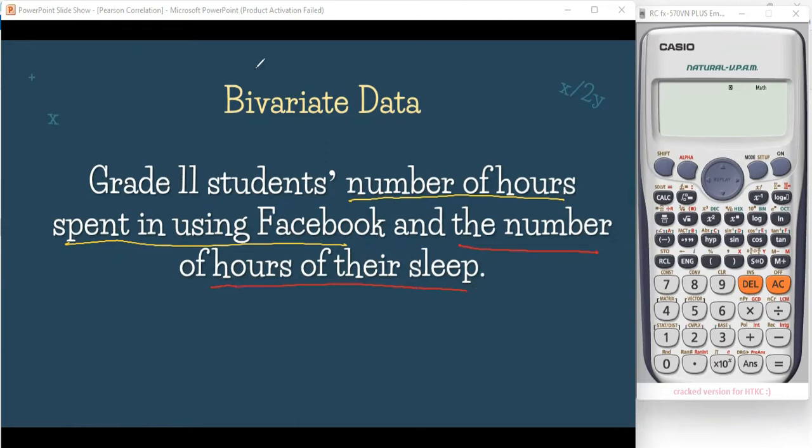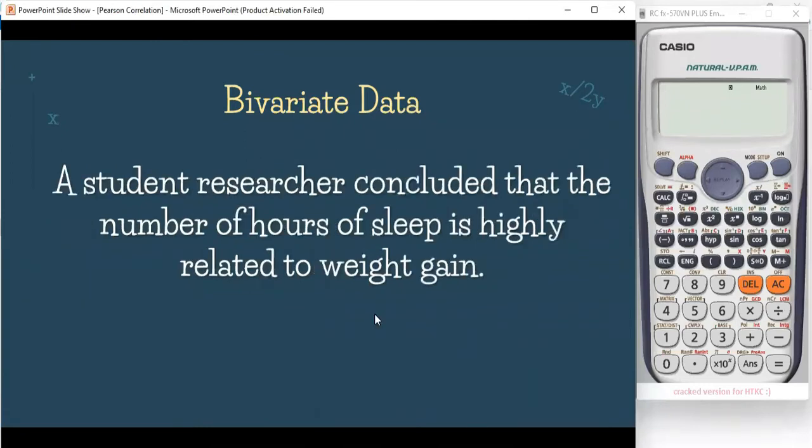Now let's have another example. A student researcher concluded that the number of hours of sleep is highly related to weight gain. So we have here the number of hours of sleep and the weight gain.